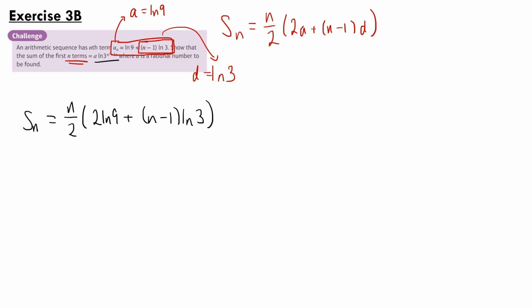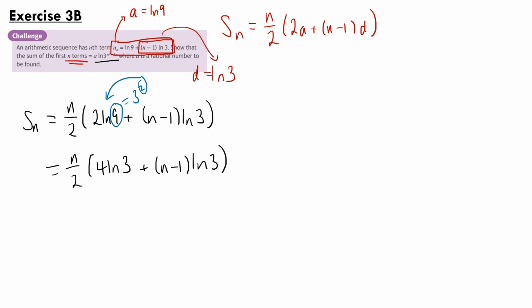So we know that this 9 here we can write as 3 squared, and then we can bring this power of 2 down outside of the logarithm. So then we have n over 2 lots of 4 ln 3, and we're going to add onto that n minus 1 lots of ln 3.